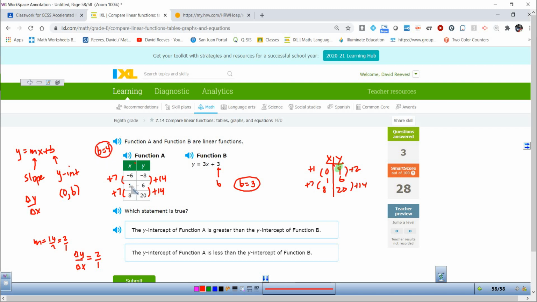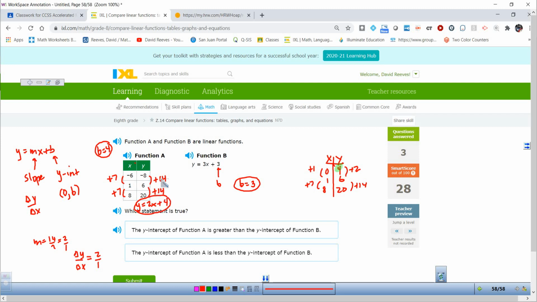And by the way, we can check that, right? 1 times 2 is 2, plus 4 is 6. 8 times 2 is 16, plus 4 is 20. That equation, y equals 2x plus, what did we say the y-intercept was? 4. That is the correct equation for this table. Hopefully you had a chance to watch my video on Z12.